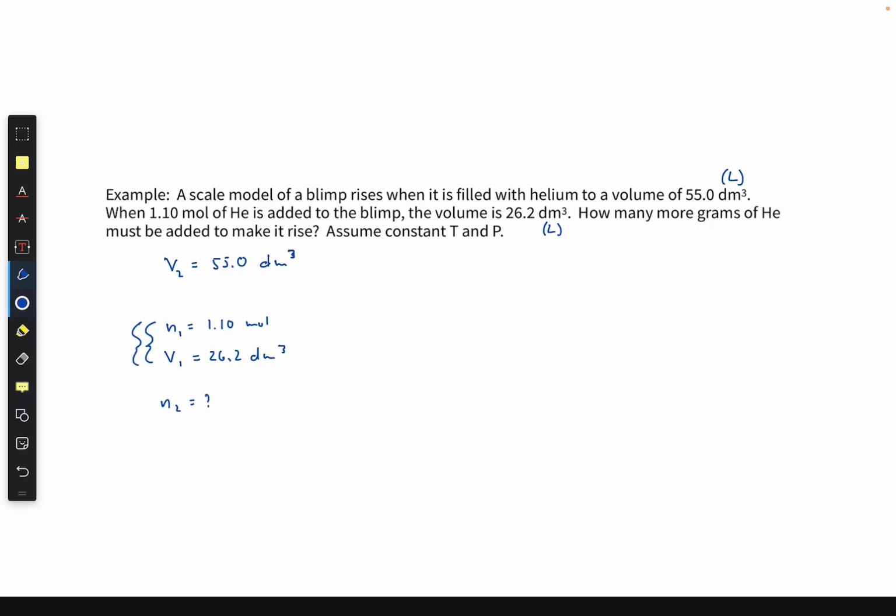So now if we look at our formula, P1 V1 over N1 T1 equals P2 V2 over N2 T2. And in this case, it tells us very explicitly we're assuming constant T and constant P. So that means that P1 and P2 are the same and that T1 and T2 are the same.